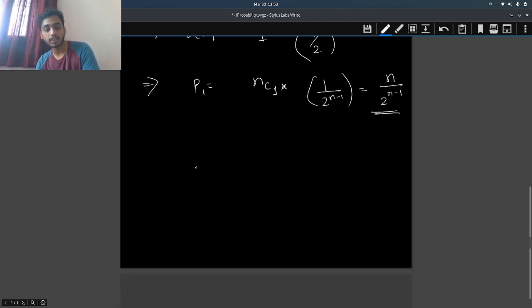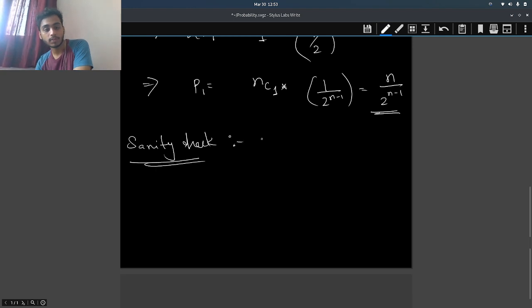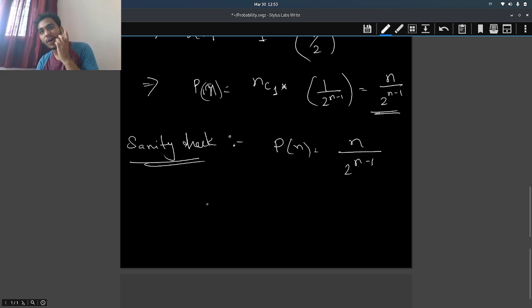Let's do some sanity checks here. If we call this P of n equal to n by 2 to the power n-1, what if there is only one point? What is the probability that it will be on the same semicircle?